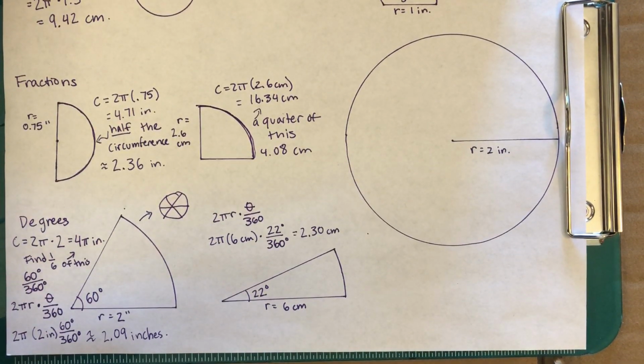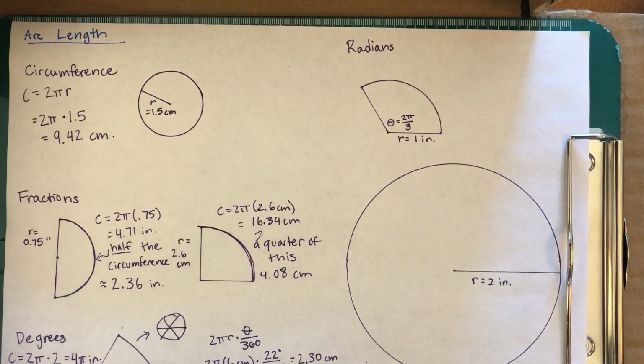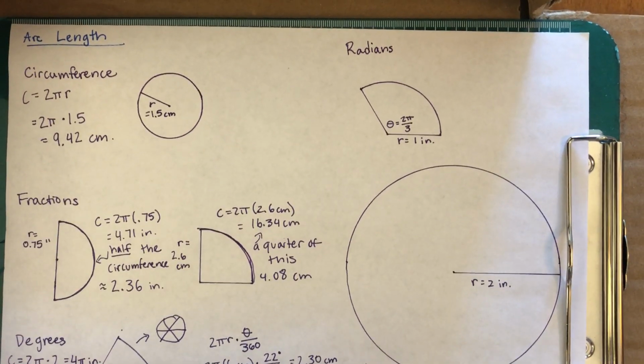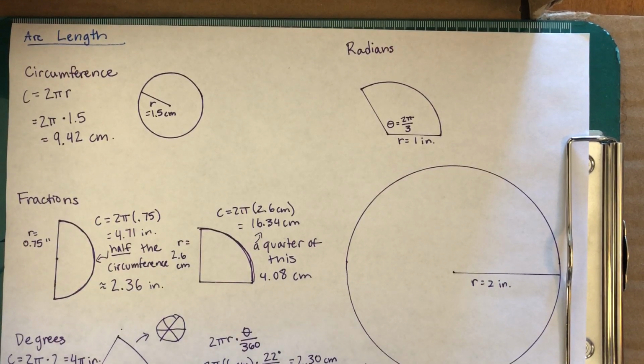So now we know how to find the arc length based on the radius and the angle in degrees. But a lot of times, since we're doing trig now, we will have an angle in radians. So let's think about how we could adjust this approach to relate to an angle in radians instead.